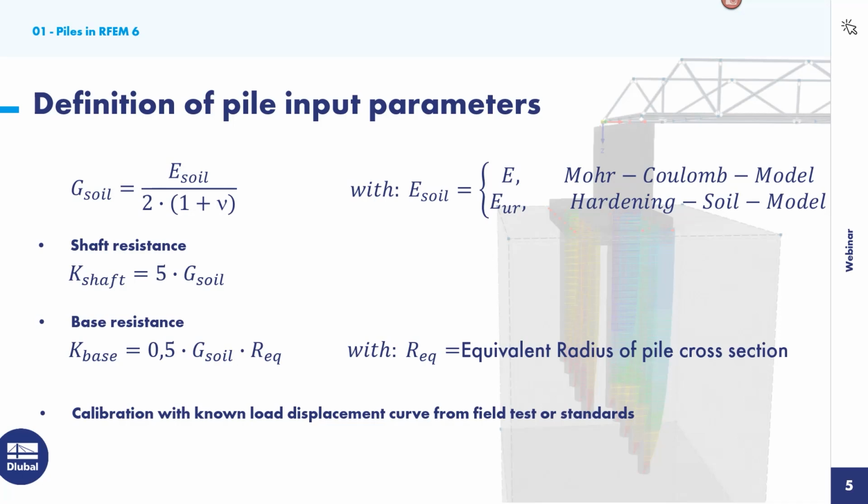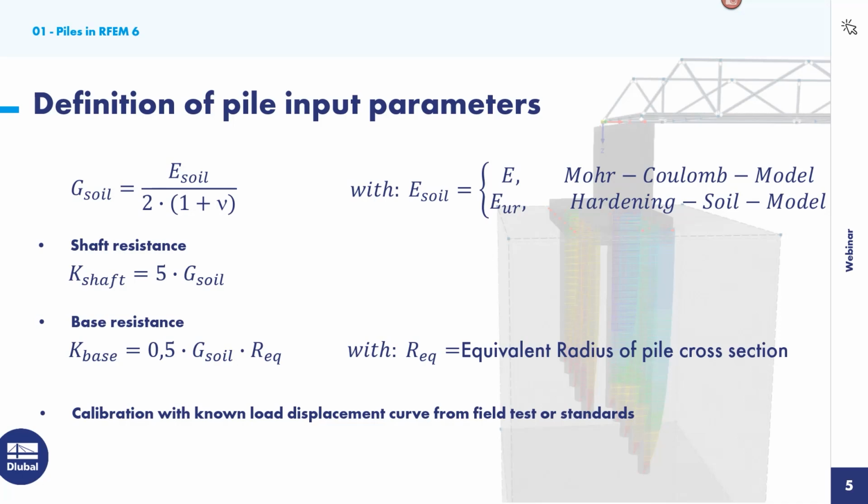Then the pile's behavior can be calibrated with the known load displacement curve from field tests or standards. So if you have a project, you have either field tests or you would consider a known load displacement curve from experience, and you can calibrate your single pile model so that it reaches the load displacement curve you expect or you would need for your project.